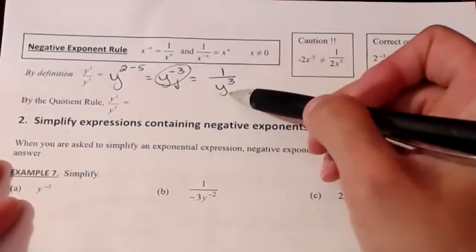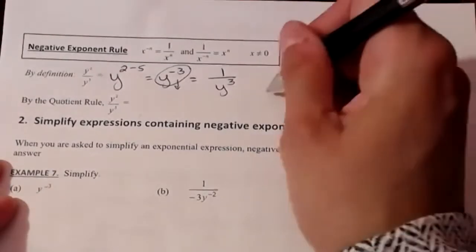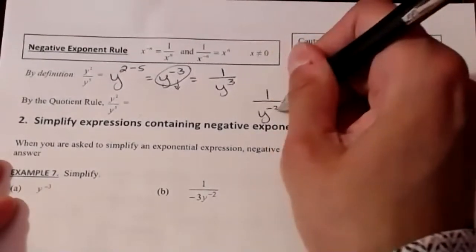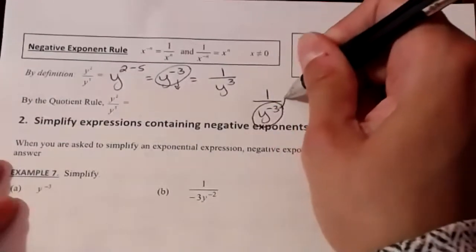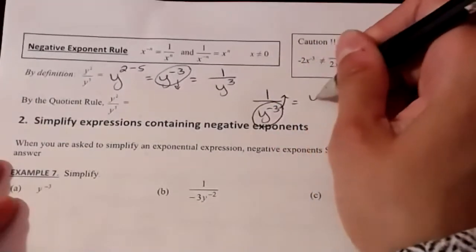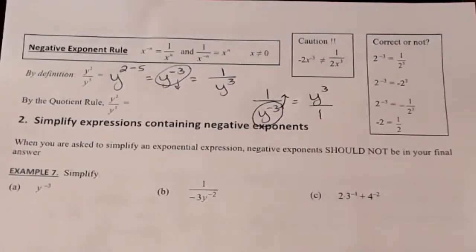That act of moving changes it. For instance, if I had 1 over y to the negative 3, I would take that base with a negative power and move it to the numerator. As soon as I did that, it would become a positive exponent. Does that help, Jose? Yeah, thank you. You're welcome.